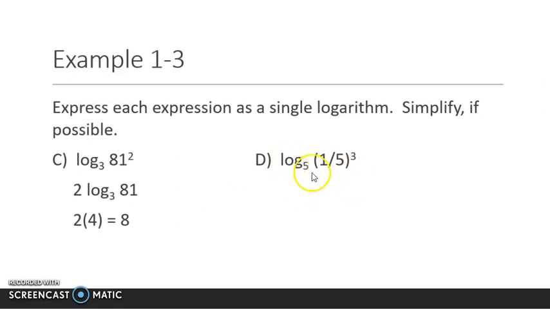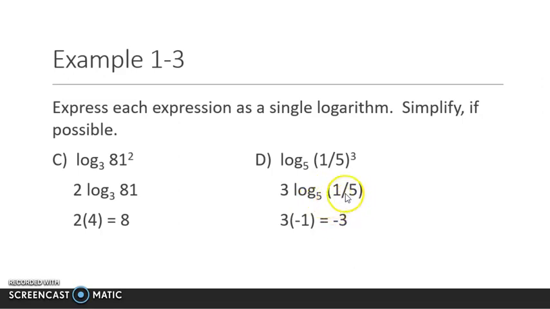Now in part D here, we're going to use the same power property to rewrite this expression. So I moved this 3 to the front, and then I have log base 5 of 1/5. Now anytime this number is less than the base, look at square roots or negative exponents. A negative exponent will take this 5 and put it in the denominator, which is what I have.